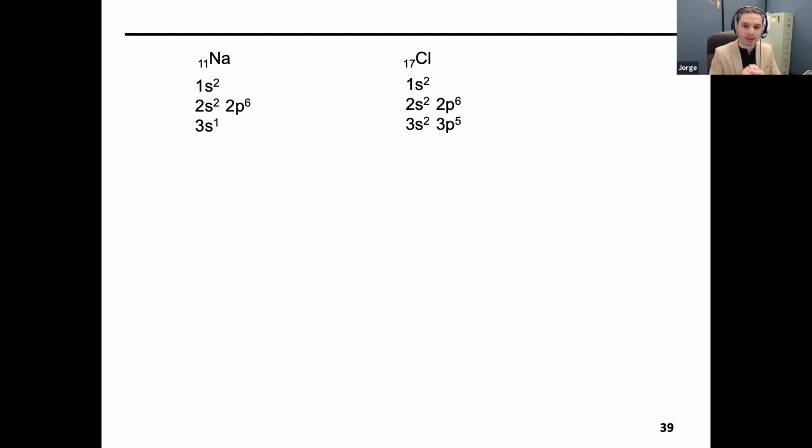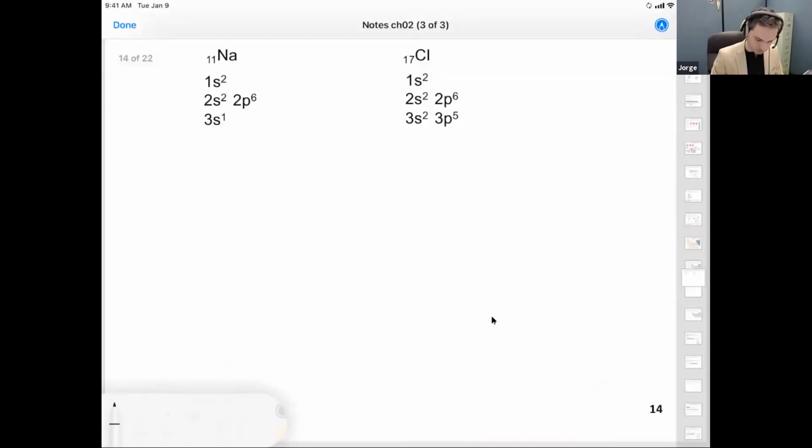So you must be able to locate an element in the periodic table and determine right away the number of valence electrons. Okay, you need to do that. Okay, let's switch to the other screen really quick.